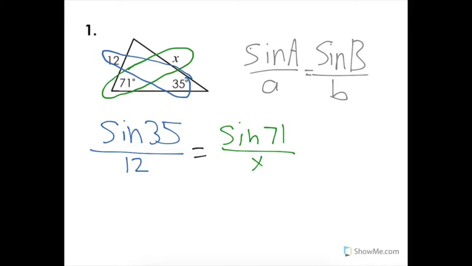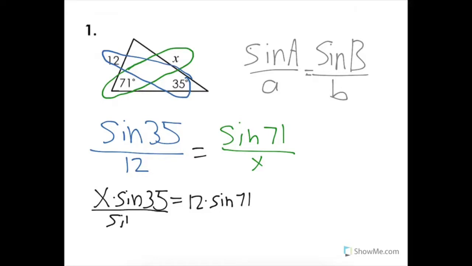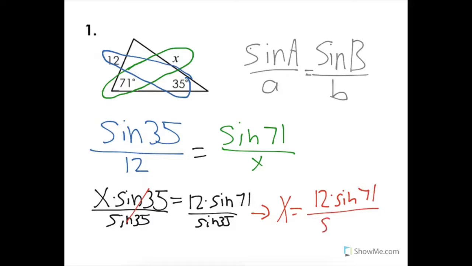So when you cross multiply, this would look like x times the sine of 35 is equal to 12 times the sine of 71. Then we have to get x by itself, so x is being multiplied by sine 35, so we will divide by sine 35 to both sides. So then x is equal to 12 times the sine of 71 over the sine of 35.